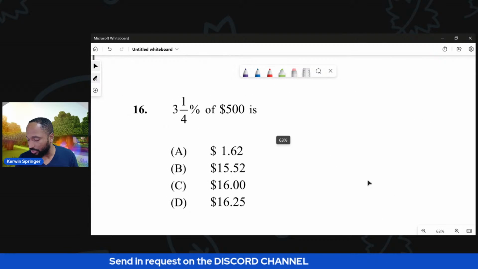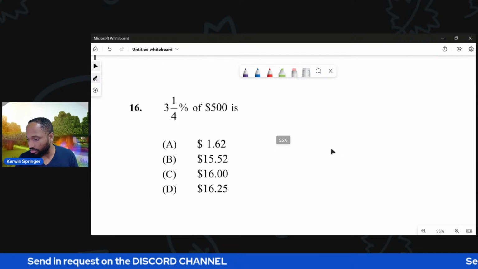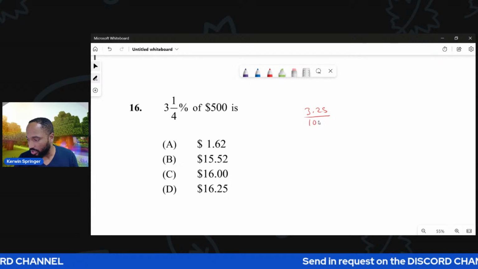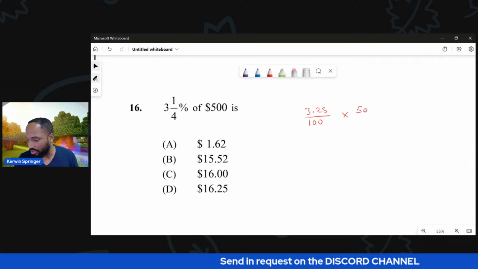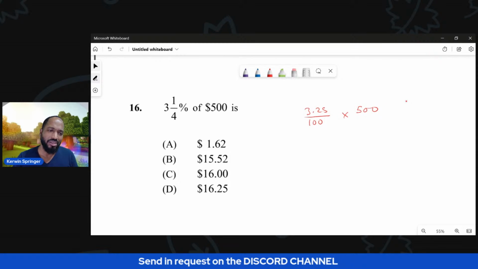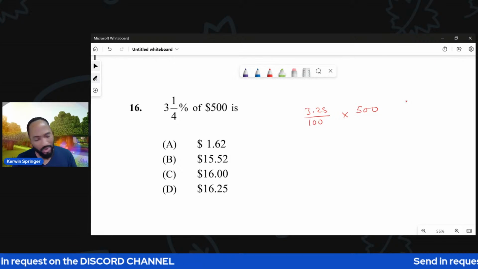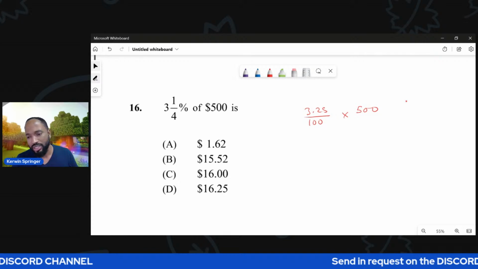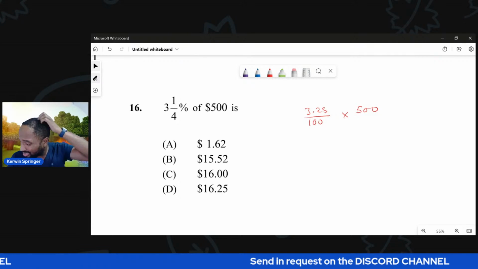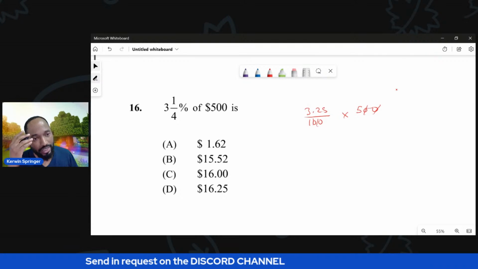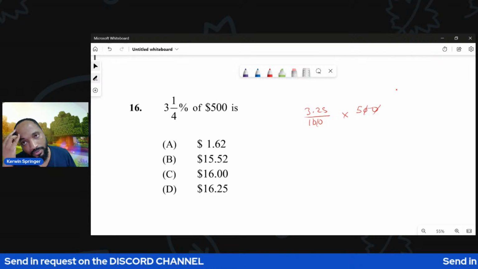3.25% of 500. Percentage means out of 100. So this is 3.25 out of 100 multiplied by 500. Now, if you work this out like this, you get into problems. Well, you can do it like this, it's not that bad. It's really 5 times 3.25. But what I wanted you to think about is percentages are out of 100.